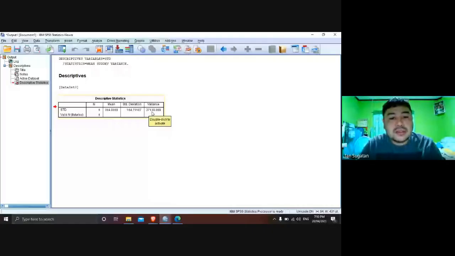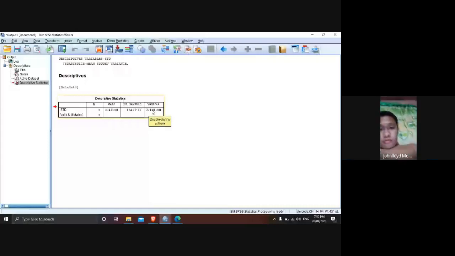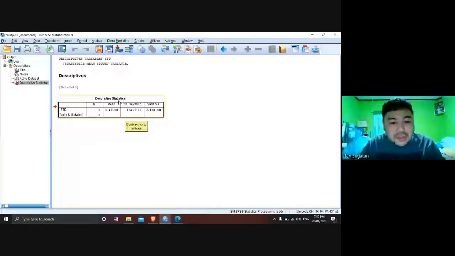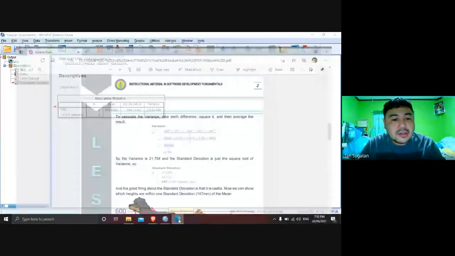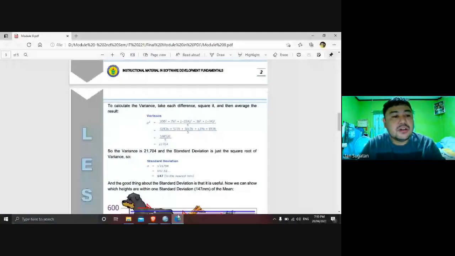Our variance is supposedly 21,704, while the output shows 27,130. So it differs, probably because of the decimals in the computation. Then our standard deviation value is 147, while what is shown is 164.